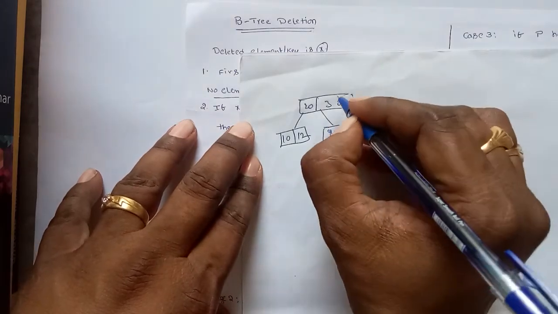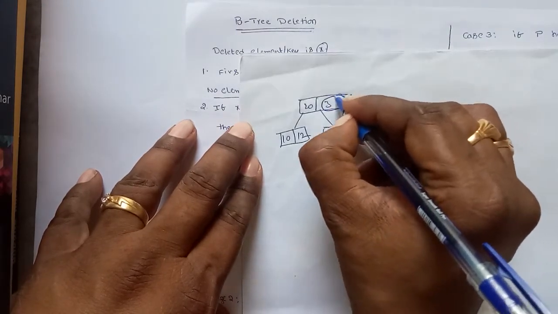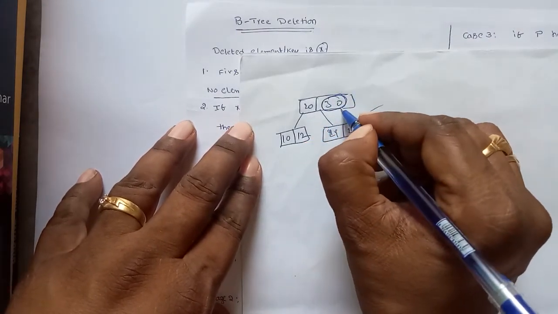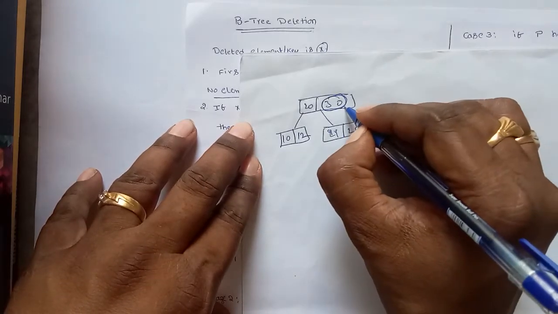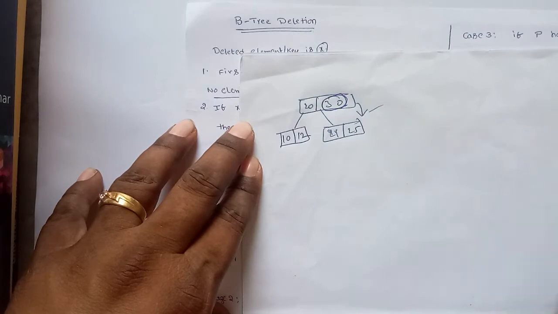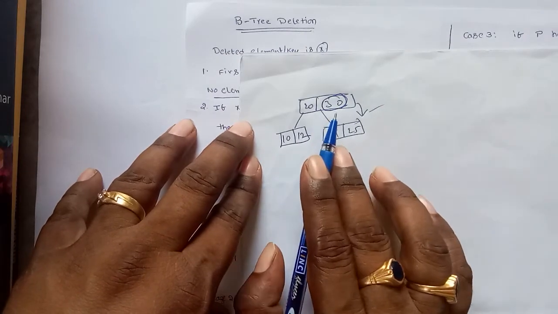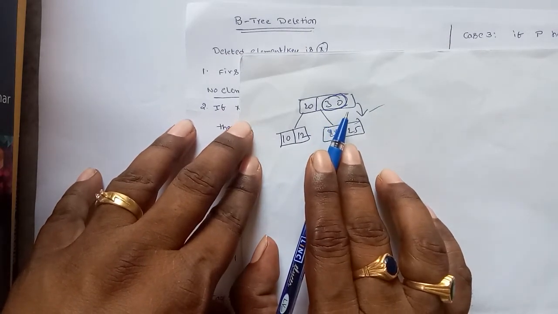Now if we want to delete element 30, here 30 is not in the leaf node, so what do we have to do? Move that element to the leaf node. Remember, deletion and insertion are always performed at the leaf node.